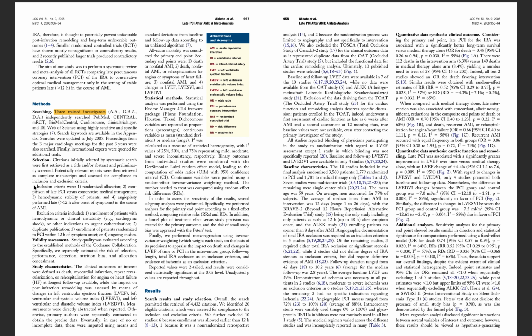So I see the inclusion criteria, the exclusion criteria. They made a validity assessment: attrition bias, allocation concealment, performance, detection. That's good, so they used the Cochrane method of risk assessment. And they had study characteristics, longest follow-up available, and so on.